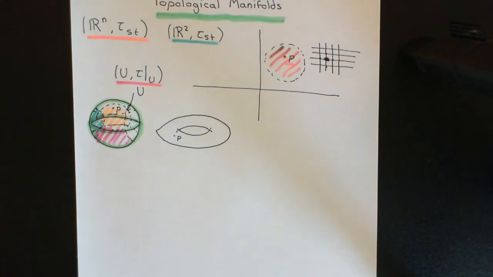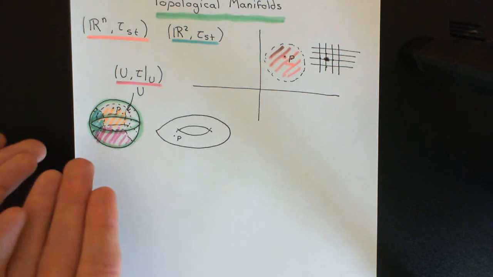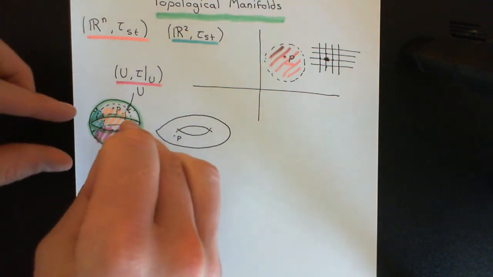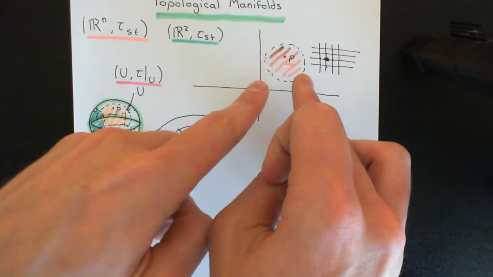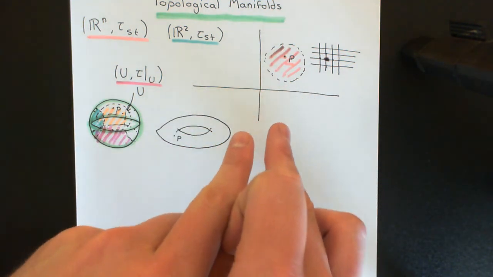Okay, so what is the intuition here? What do I mean by this? I mean that I can build this entire topological space out of this patchwork quilt of subspaces that are all topologically homeomorphic to open sets in R2.